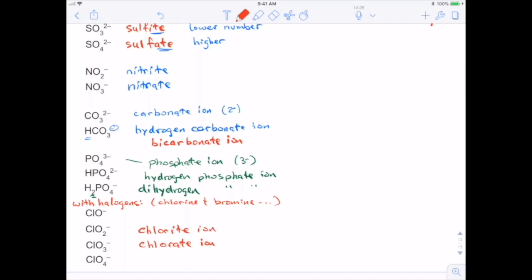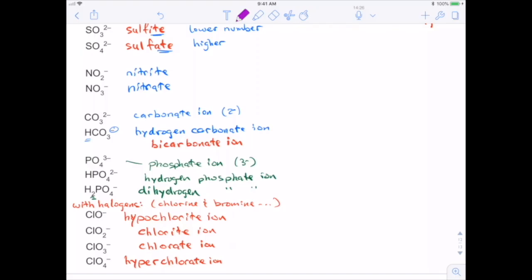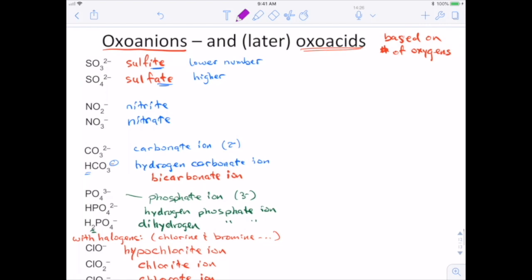If you go beyond chlorate, to go from 3 to 4, that would be the perchlorate ion. And if you go below 2, you would have the hypochlorite ion.